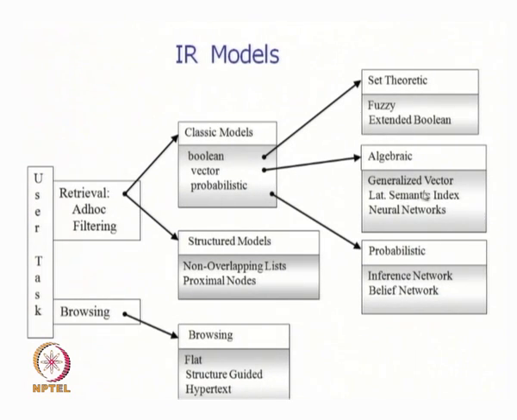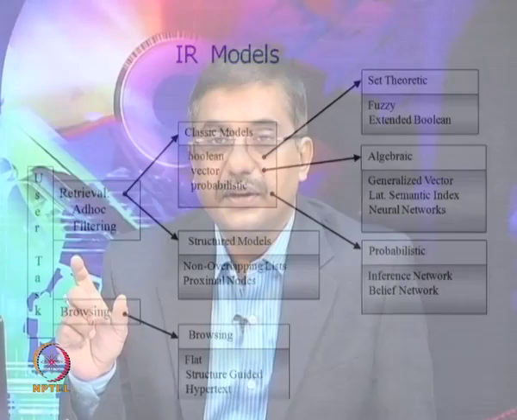Under algebraic we have generalized vector modeling, latent semantic index based modeling, neural networks based modeling. Under probabilistic we have inference network and belief network based modeling. I would like to once again point out that these are different terms, and one should not lose sight, by the force of terminology, of the fact that their sole purpose is to capture relevance.